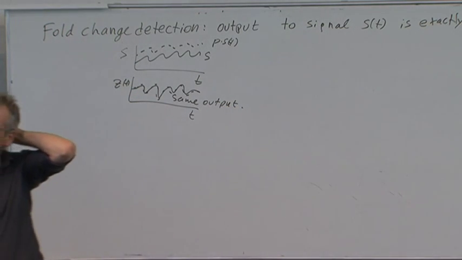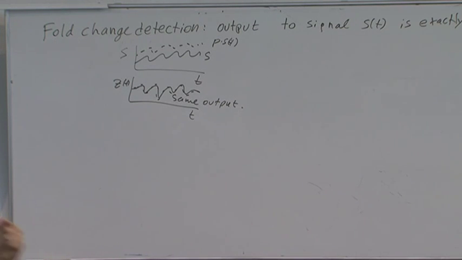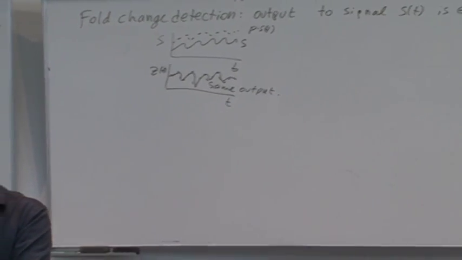And you might worry about initial conditions. So this is exactly when you start from adapted initial conditions, steady state. If you start from different initial conditions for the two, you exponentially converge to exactly the same trajectory. That's guaranteed. So that's fold change detection.